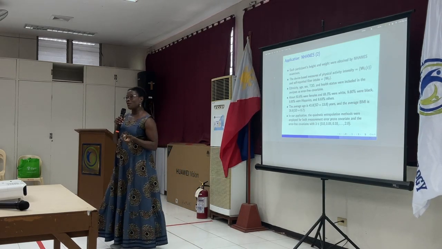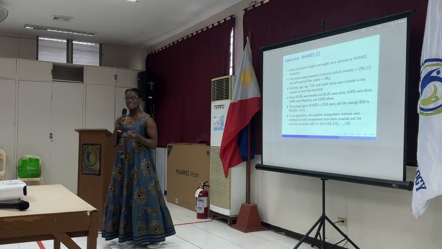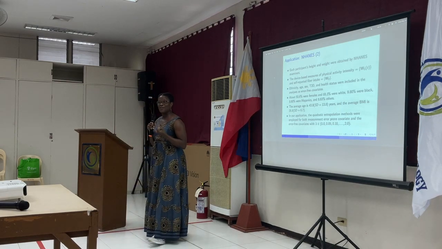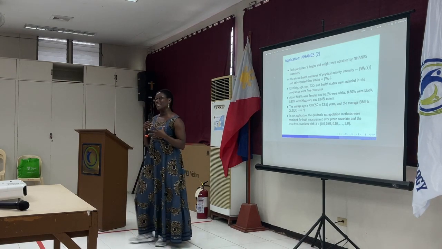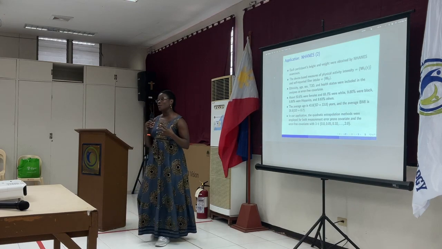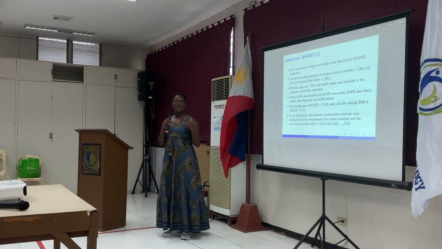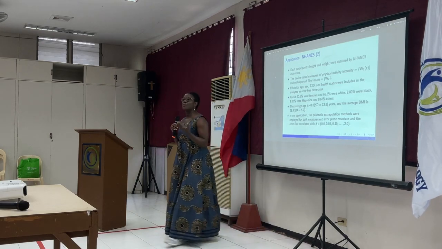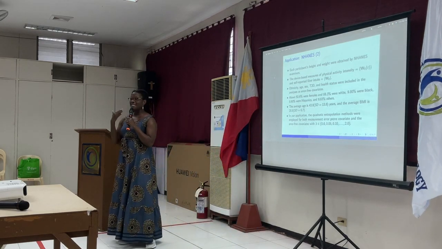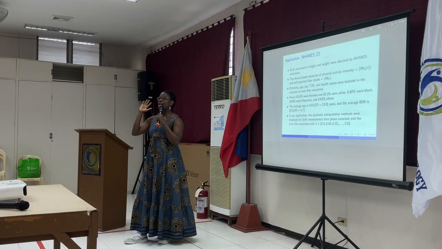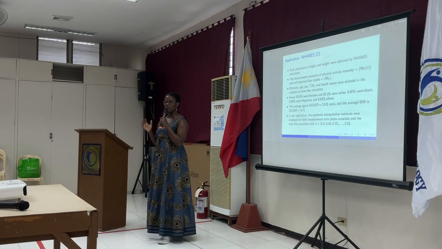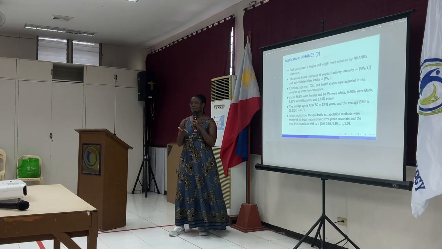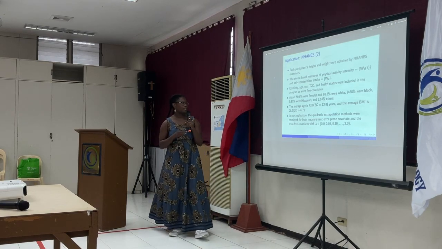But the others category also includes Native Americans, and there are different categories of Asians, but they're all included in one category. So we can't really tease out what's really happening within the others category. So it's important to be able to get data on other different Asian populations to really be able to study what happens within that population.